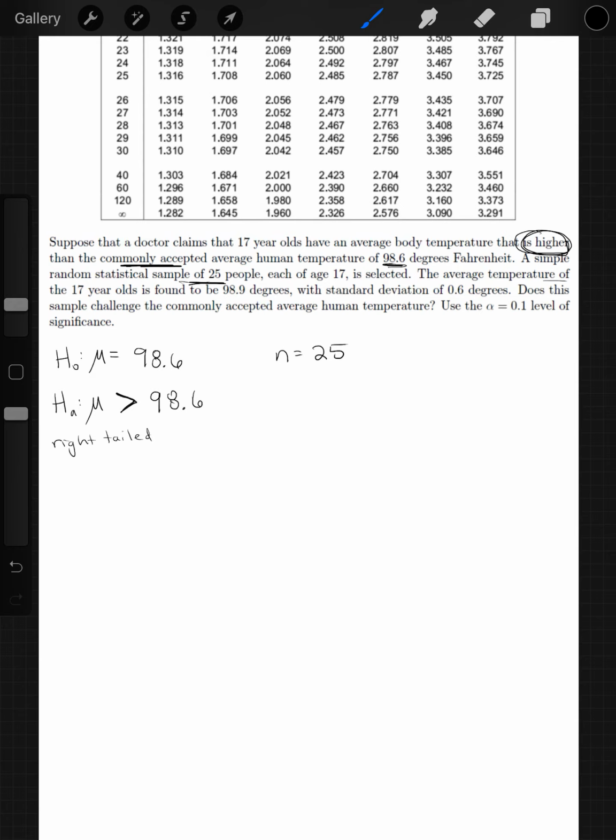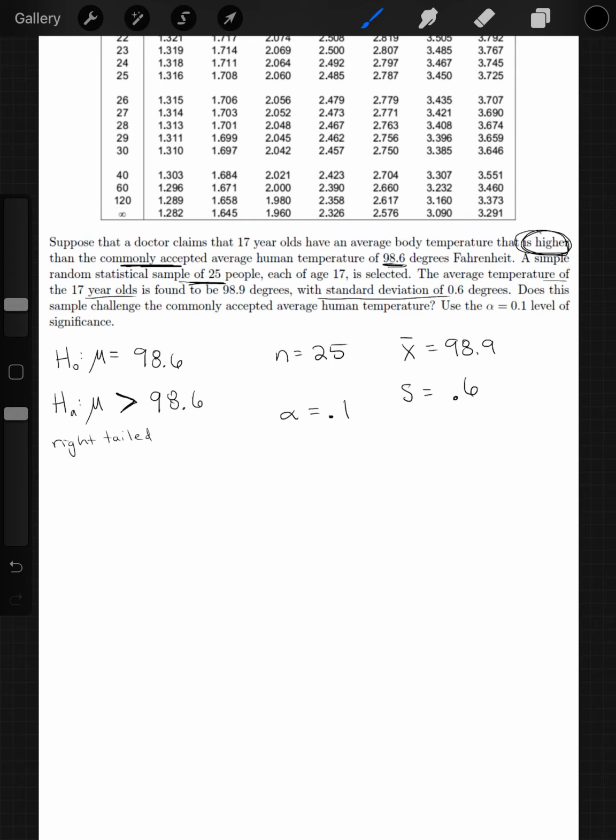We have the average temperature of those 17-year-olds, so of that sample, means that it's x bar, 98.9. The standard deviation is given in the same sentence, which is how we know that it's an s. And we have that alpha is 0.1.